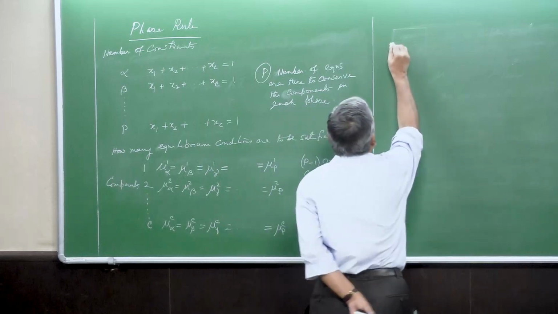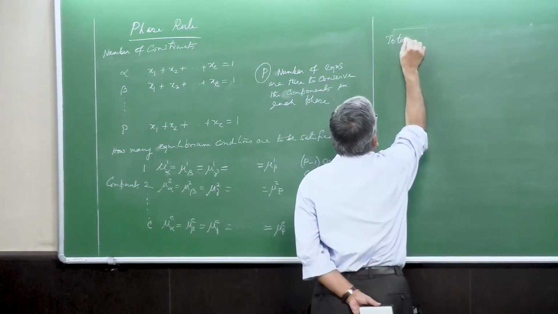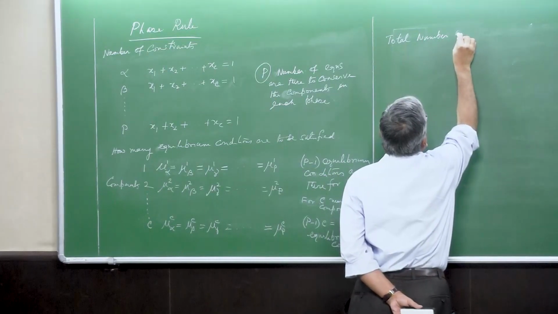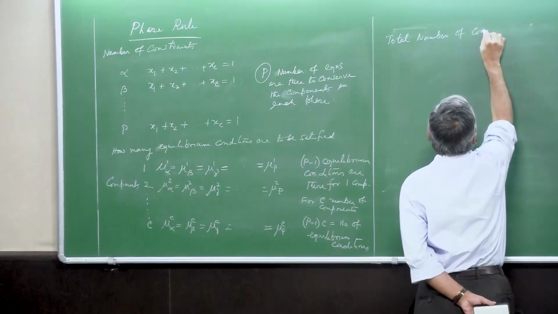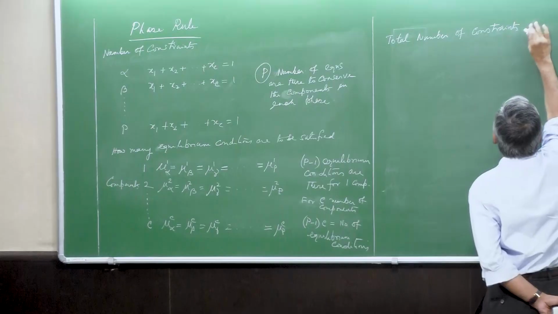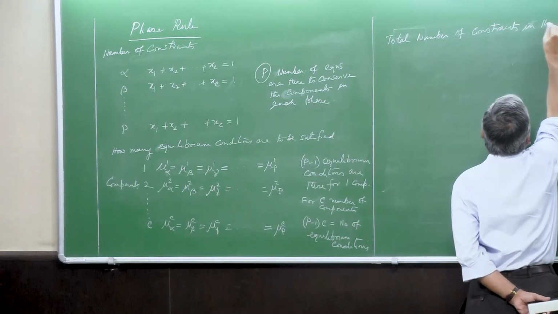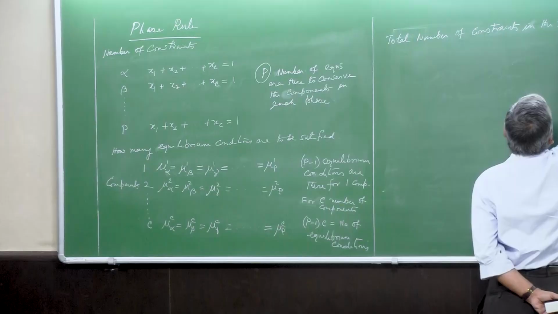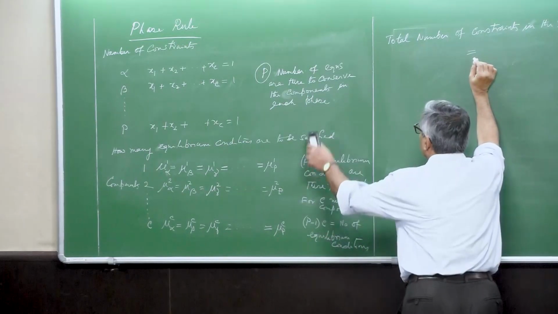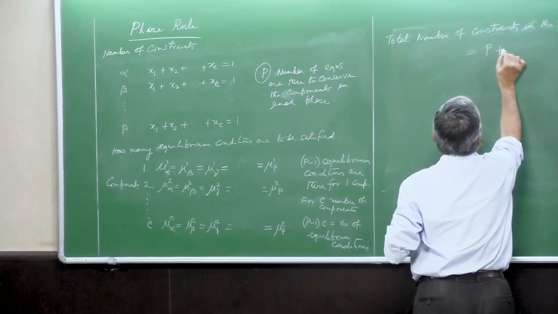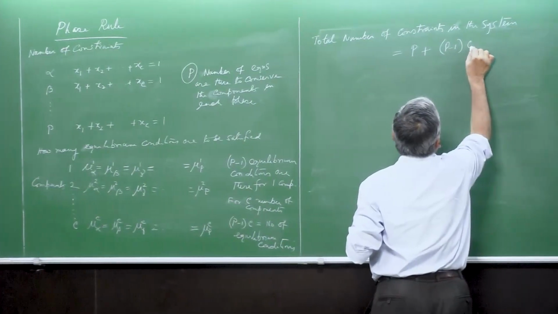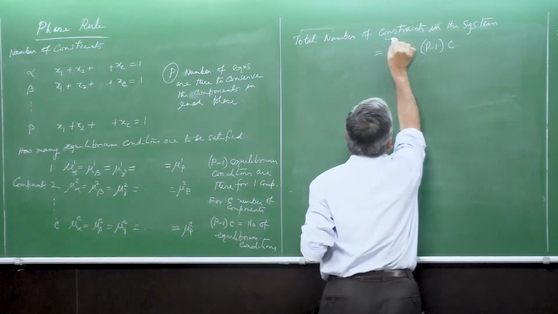So the total number of constraints or restrictions in the system is basically P plus P minus 1 into C. That is the number of constraints.